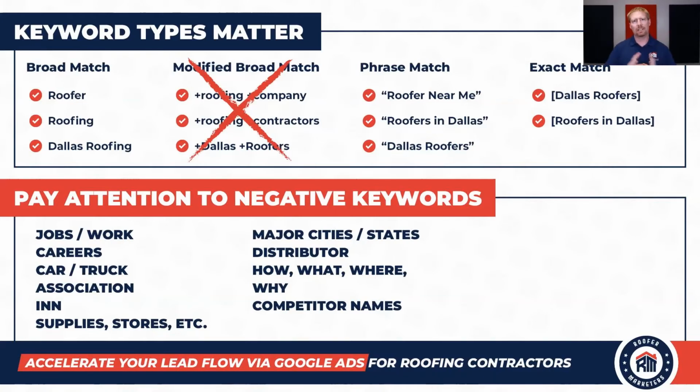Phrase match is narrowing that focus. So let's use roofing company again as the phrase match. With phrase match, roofing company, your ad will not show up for something like roof replacement or tile roof replacement, right? Because it's a phrase match, roofing company. So really what it's saying to Google is, we want these words in this order with stuff on the front or back of that.